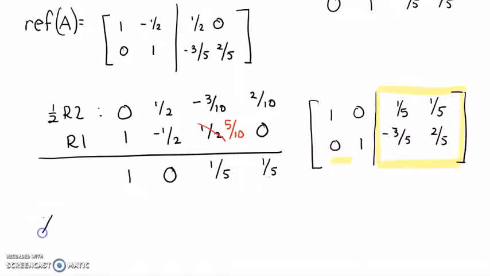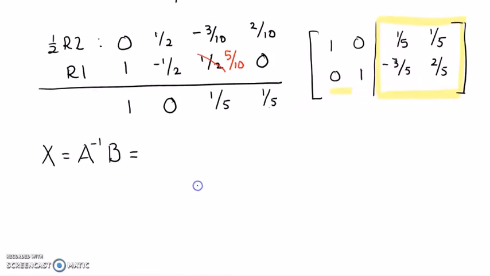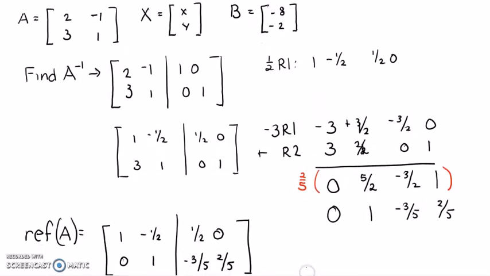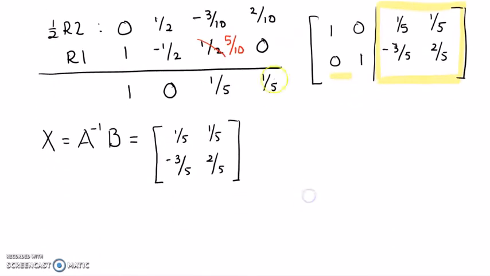So that means to solve, I'm going to take my inverse matrix and multiply it by the coefficient matrix, which was B, -8 and -2.